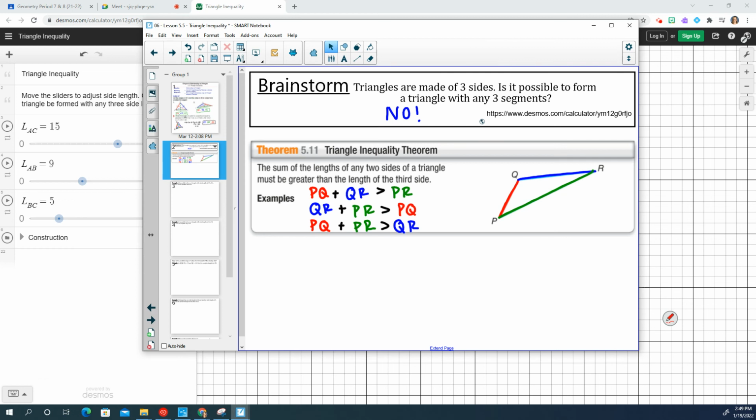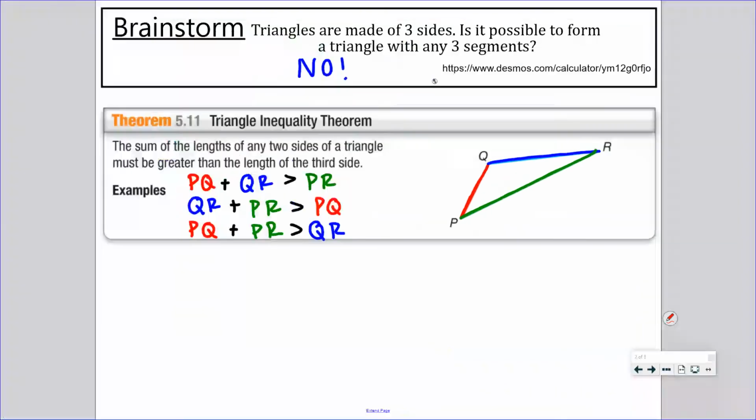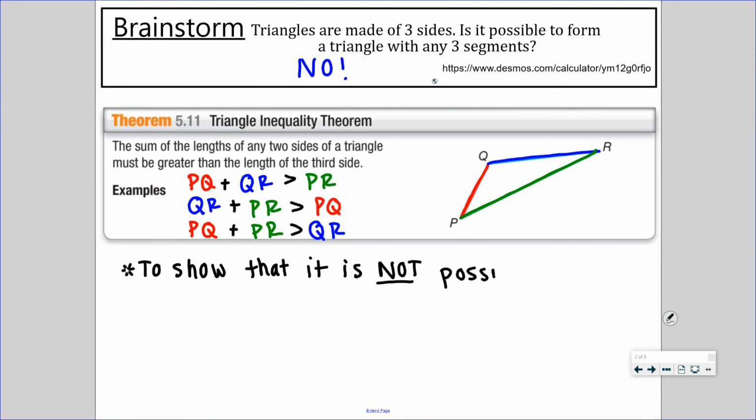Okay, one other thing I want you to add in your notes under this theorem is how to show that it's not possible to form a triangle with 3 given lengths.